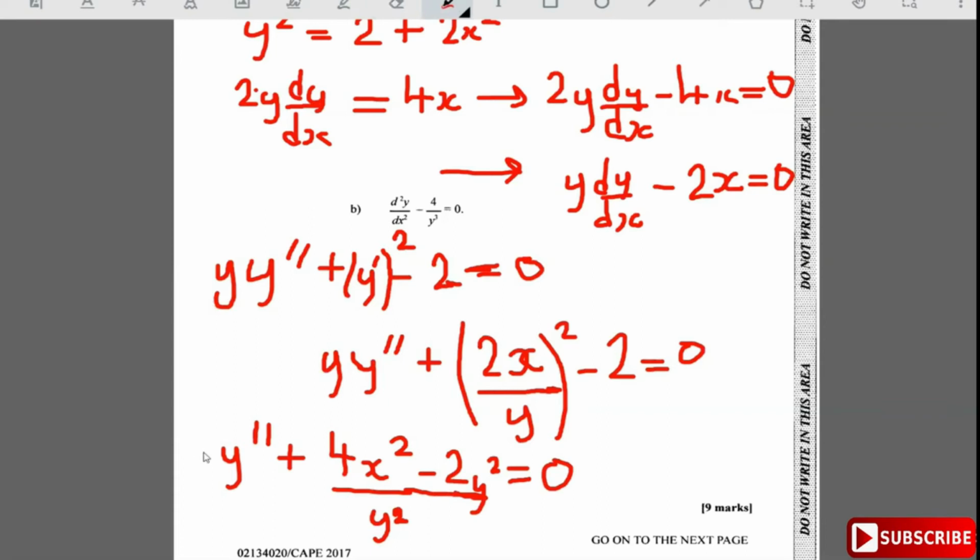So if you were to divide through by the y, then in the denominator, this becomes y cubed. So we just need to show that this numerator needs to simplify out to be minus 4.